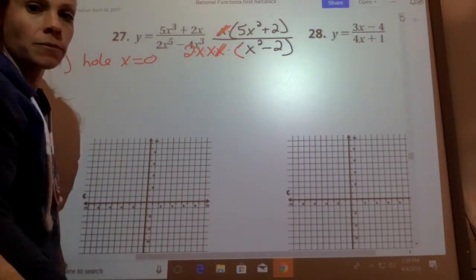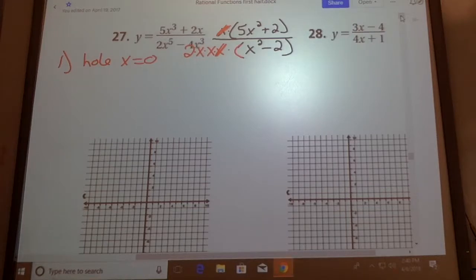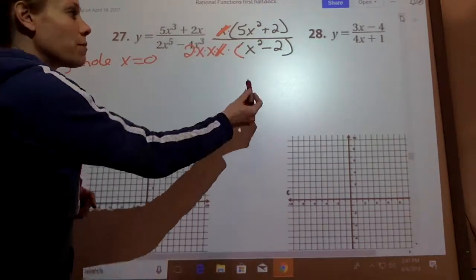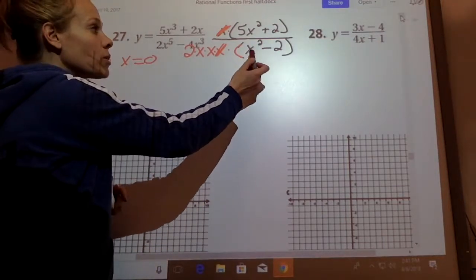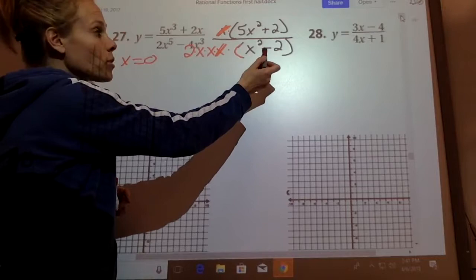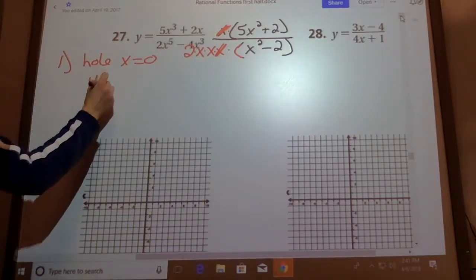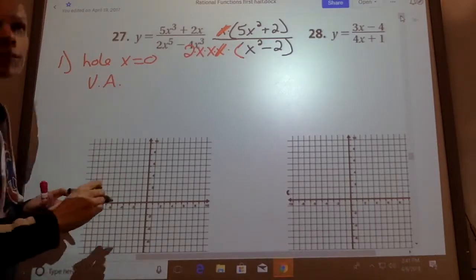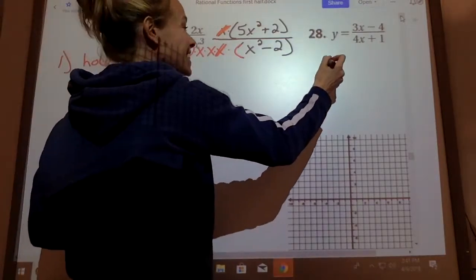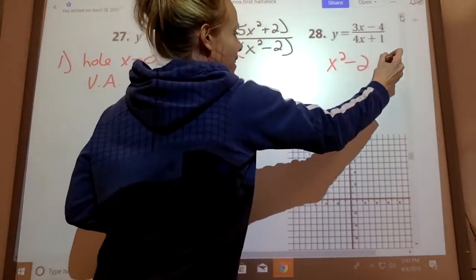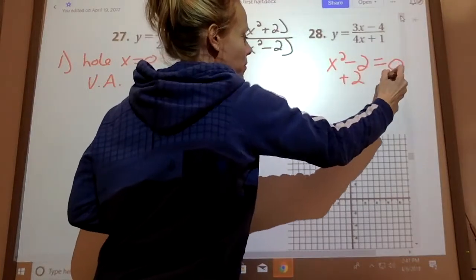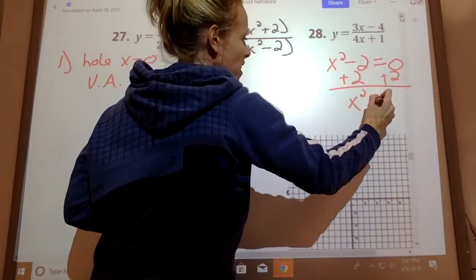Get the hole identified. I'm still going to have an asymptote. What's my asymptote? This is very similar to one we had before. What number do I square to equal 2 so I can subtract 2 and get 0? Plus or minus root 2, because I would add 2 and square root both sides.